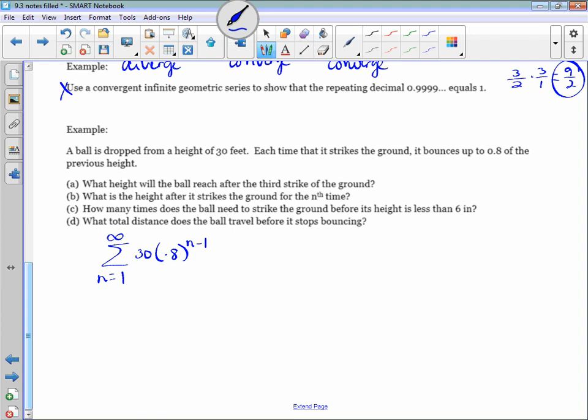All right, so what height will the ball reach after the 3rd strike of the ground? So what am I actually looking for there? Yeah, a sub 3. And we can use this formula we just wrote.